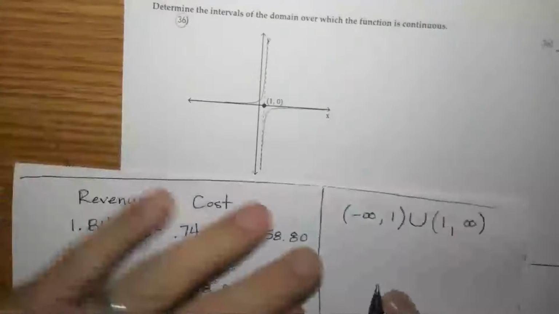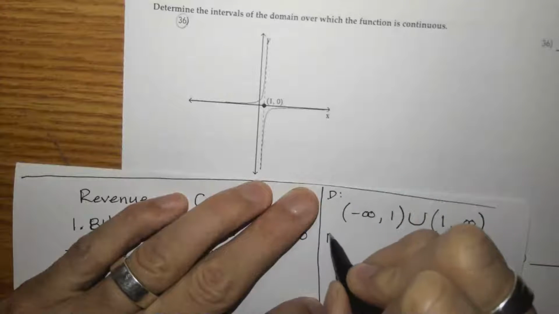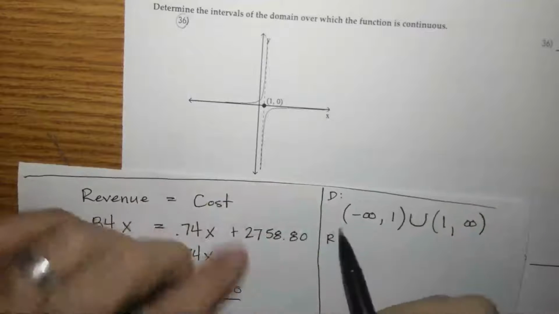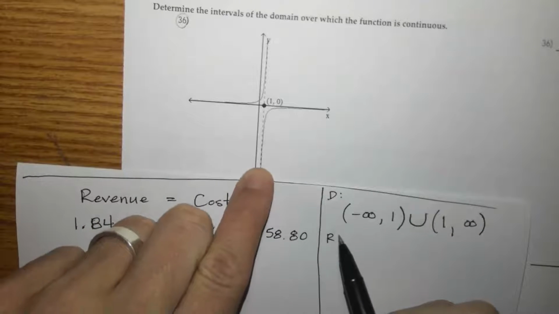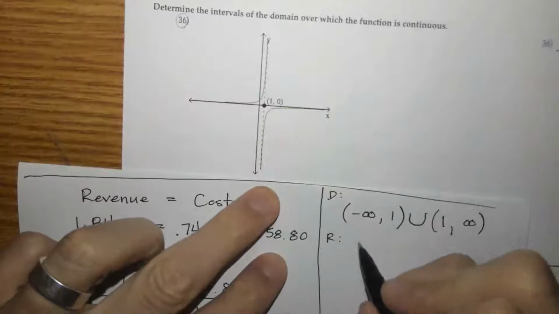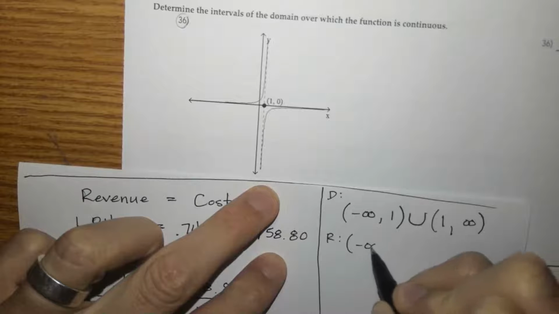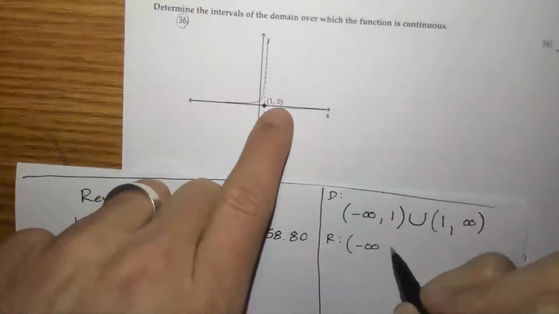If we were doing the opposite, so this is the domain, and that's all really asked for, but just for a bonus, if we were doing range, we measure it from the bottom coming up, right? And it turns that way, right? So then we'd say that the range went from negative infinity, and it almost touched our 0.